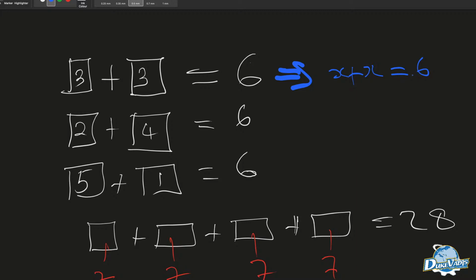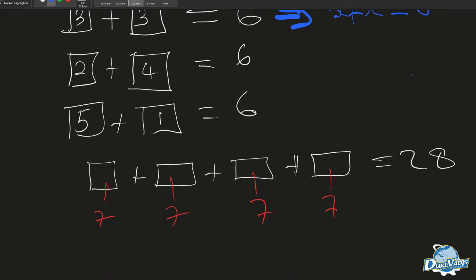That will help us find the answer rather than suggesting and assuming certain values, which would take us hours. Likewise, 7 plus 7 plus 7 plus 7 gives us 28, so instead of writing 7, we say x plus x plus x plus x is equal to 28.